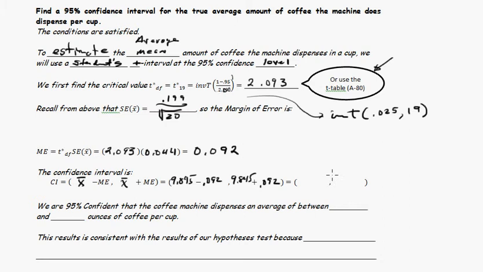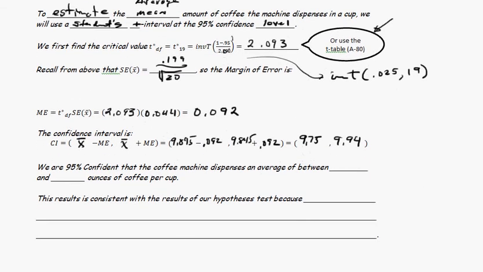Okay, and what do I get? I get 9.75 to 9.94.